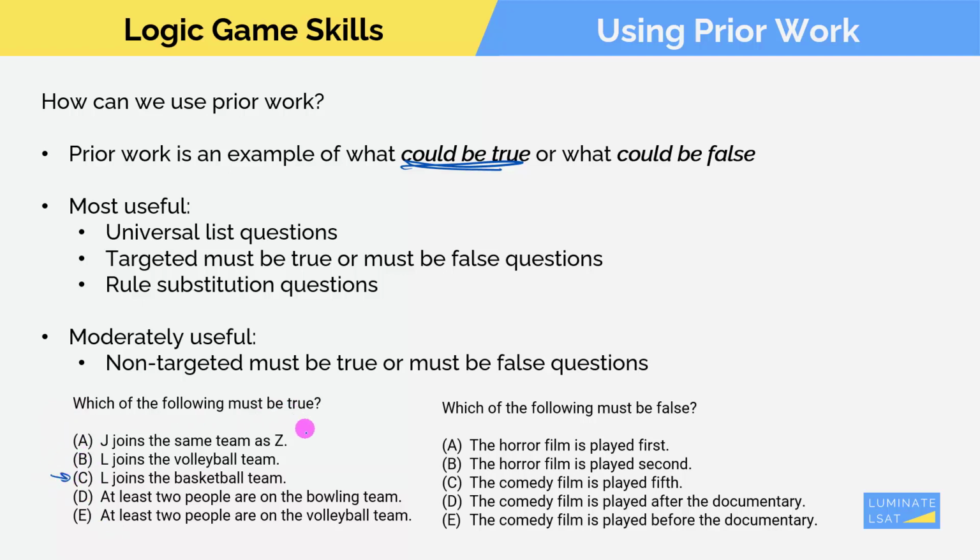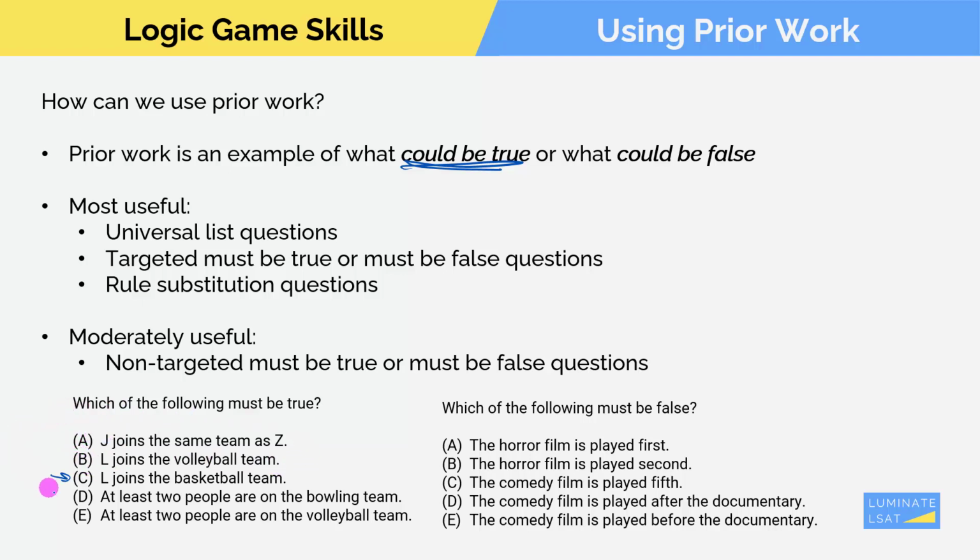But if they expect to rely on prior work, then what might happen is they'll start by reading answer choice A, J joins the same team as Z. Then they'll look through all of their prior work to see, is there any time where J's not on the same team as Z? Now they may or may not see it, and so they might not be able to get rid of answer choice A. Then we go to answer choice B, L joins the volleyball team.